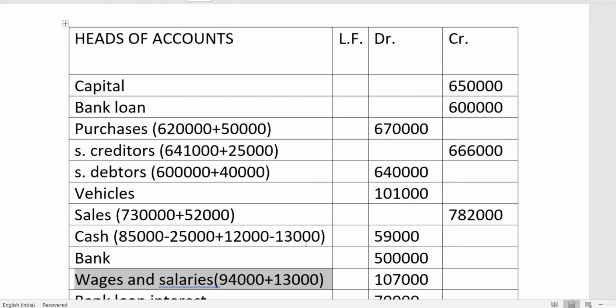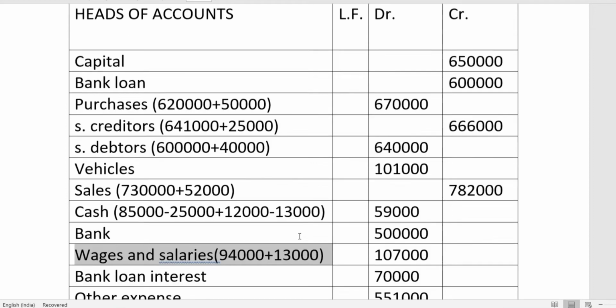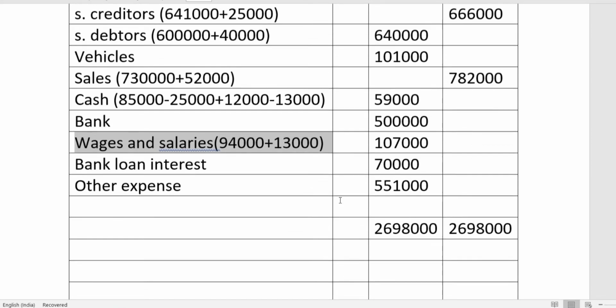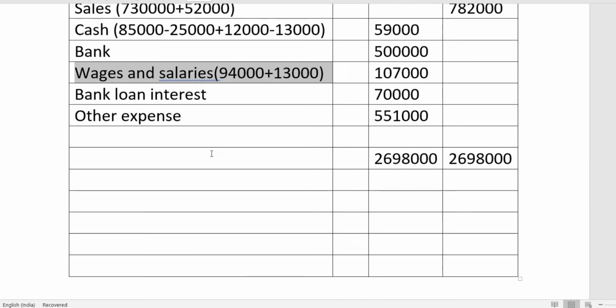Vehicles, asset, debit side. Sales is an income, we have written credit side. Cash, asset, debit side. Bank, asset, debit side. Wages and salaries is an expense, so debit side. Bank loan interest: you have taken a bank loan, for that you have to pay the interest, so it is your expense, so you have to write it in the debit side. Other expenses always come in the debit side of the trial balance.